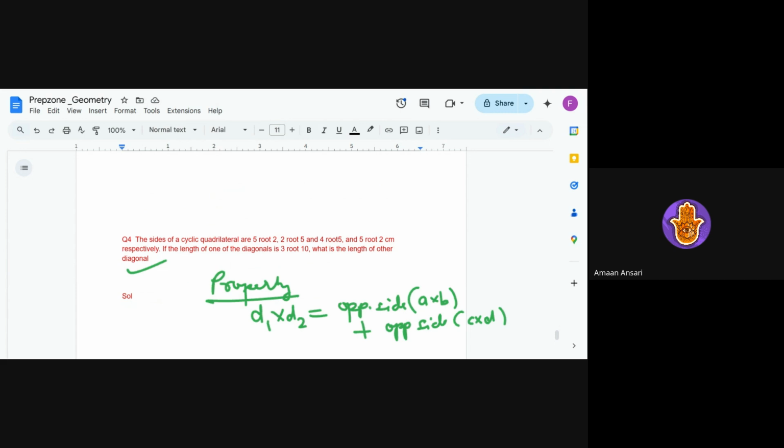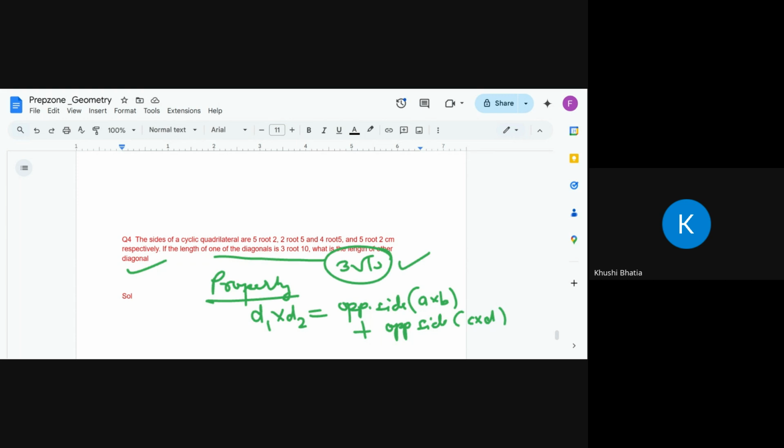Okay, so the length of one of the diagonals is 3 root 10, and the other diagonal length is being asked. Three root 10 only, sir. Okay, okay. So nothing, Khushi?